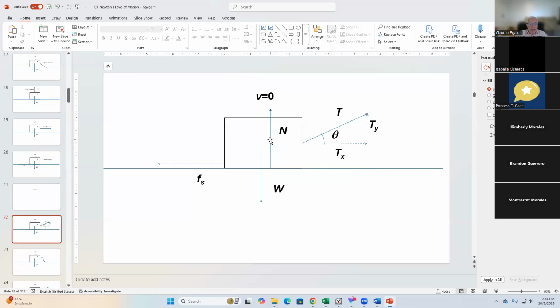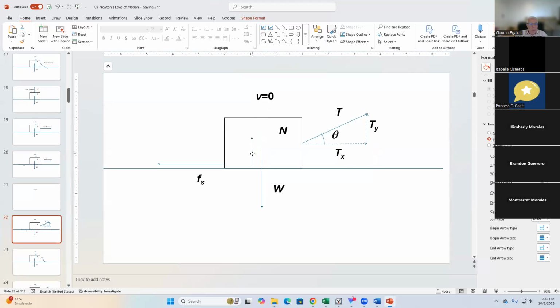And because now my tension has a vertical component, it means that it will affect the normal here. Instead of this huge normal that has the same length as the weight, now the normal is going to have a shorter length. Do you get that?